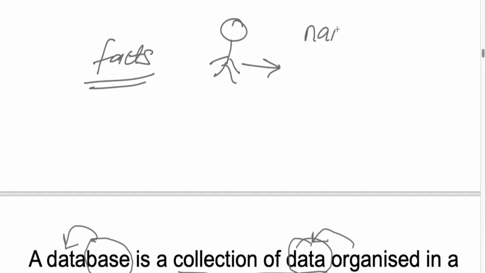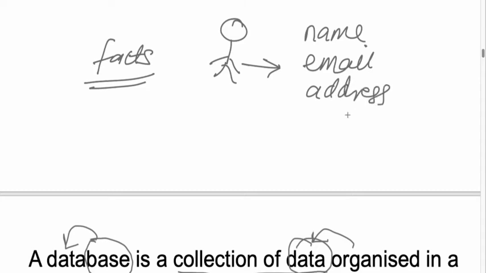You have a name, you have an email, you have an address, and so on and so forth. These are what? Data. What about your height? What about your weight? And other things that are related to you. What about pictures you take? Pictures. What about images, files, PDF files, and so on and so forth?